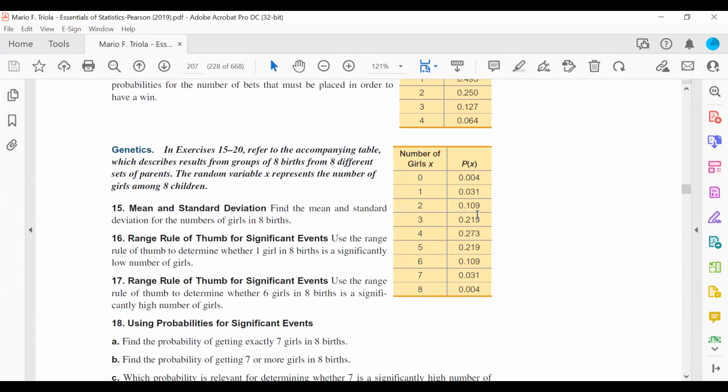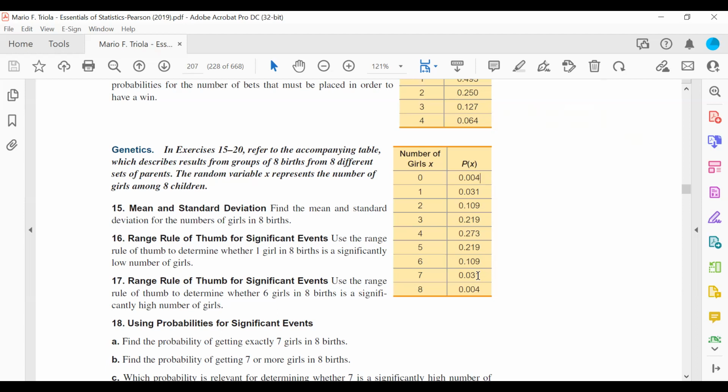And the hospital was keeping track of the genders of the kids, right? And so we had this table, and I told y'all that we didn't have to worry about how they got the P of X numbers. Well, the P of X values are from the binomial distribution. That formula produces all of the P of X values for us.